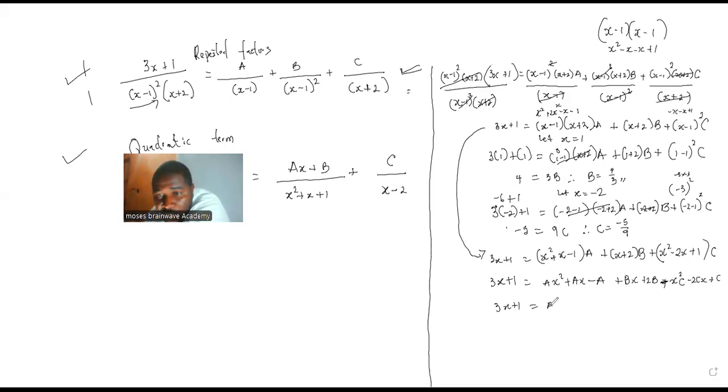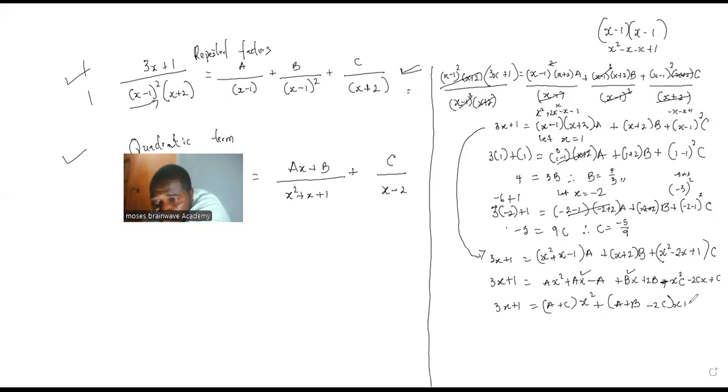So we'll have a here, and also plus c here. They are all having x squared, right? So let's collect the ones that have x together. We'll have a x, b x, and here we have minus 2c x, right? All these are coefficients of x.